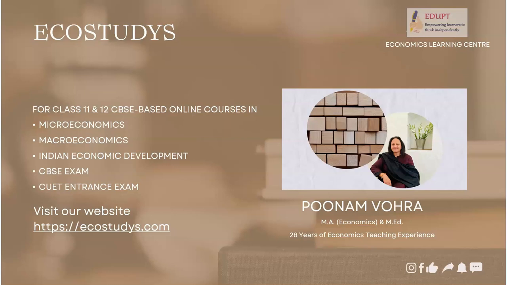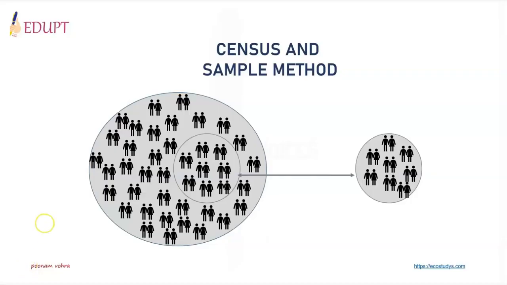Now let's get started. Let us try to understand the census and the sample method. Census method is a well-organized procedure of gathering, recording, and analyzing information regarding the members of the population. It's an official and complete count of the universe, wherein every unit of the universe is included in the collection of data.